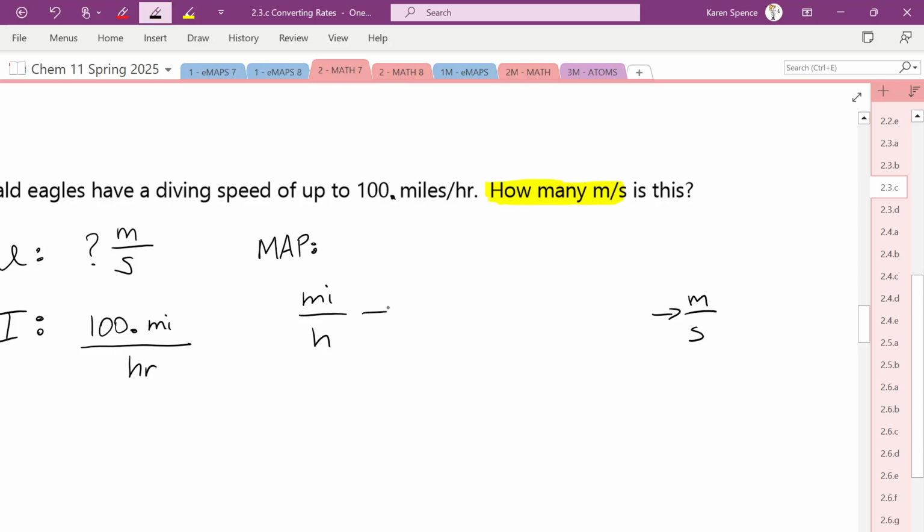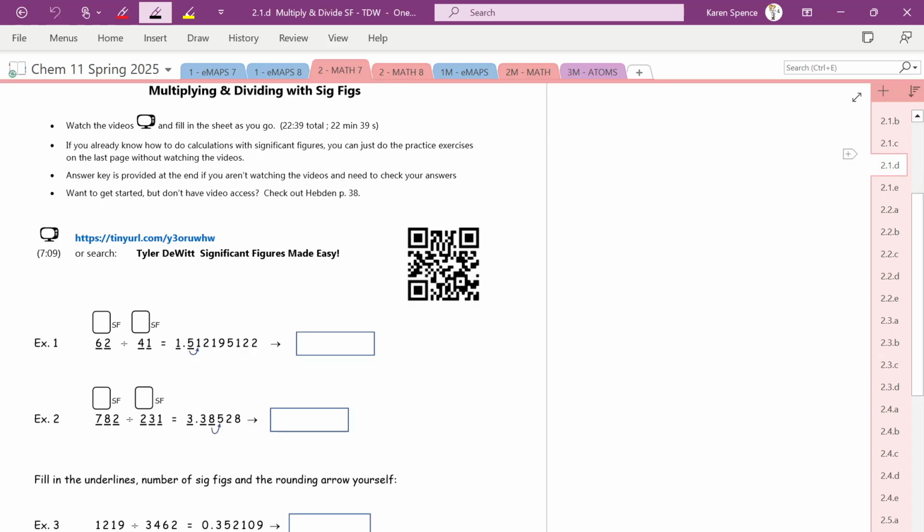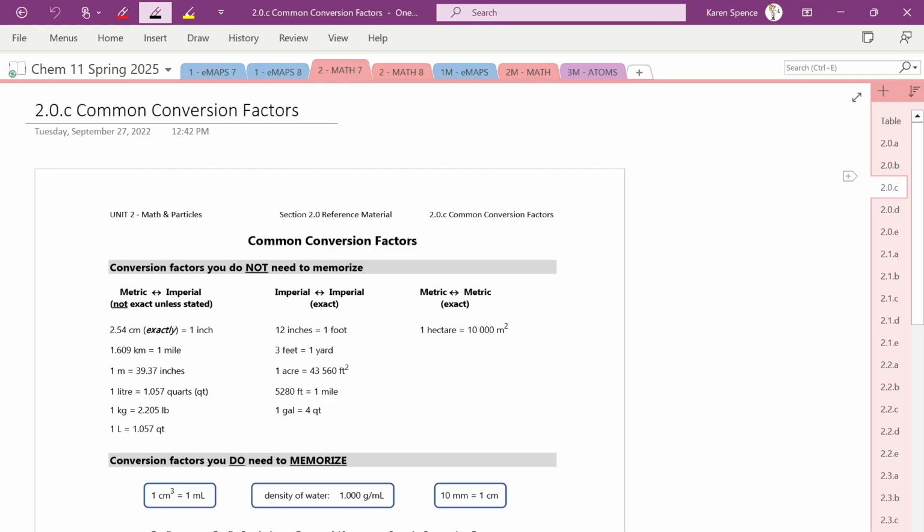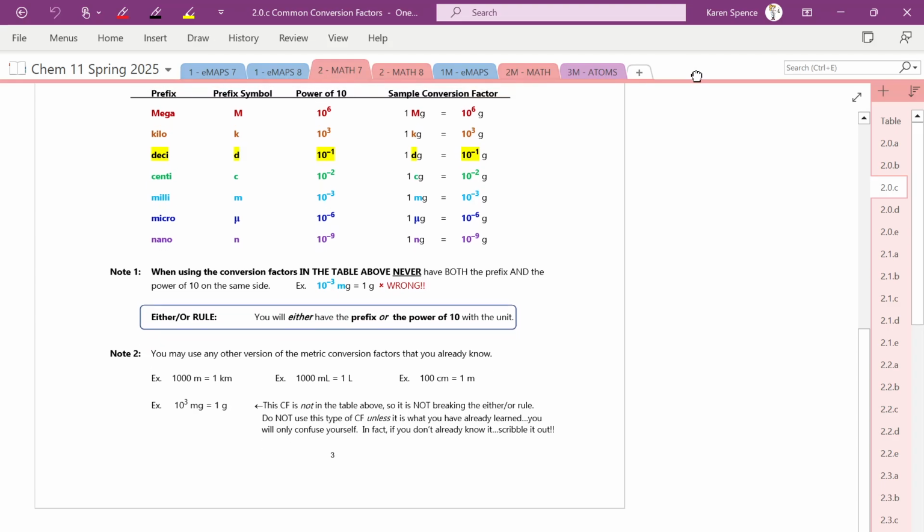What could we convert miles into? If you're like, I have no idea what I can convert miles into, we can go back to, I think it's in here somewhere. Where is it? No, it's way back up here. Common conversion factors are on page 3.